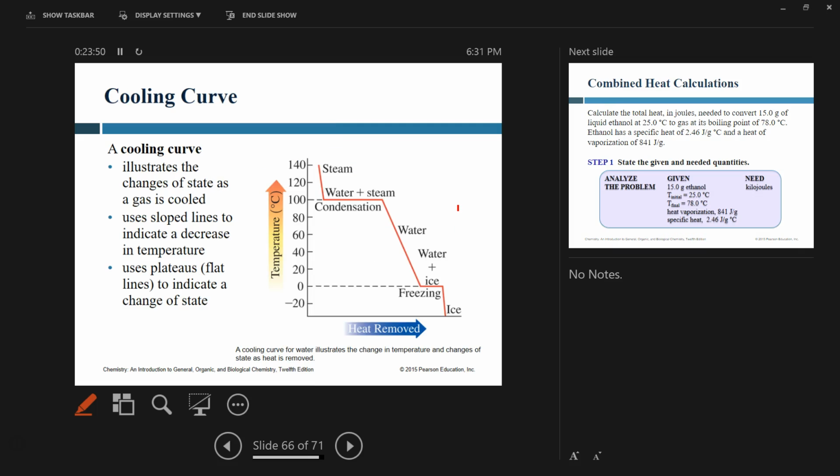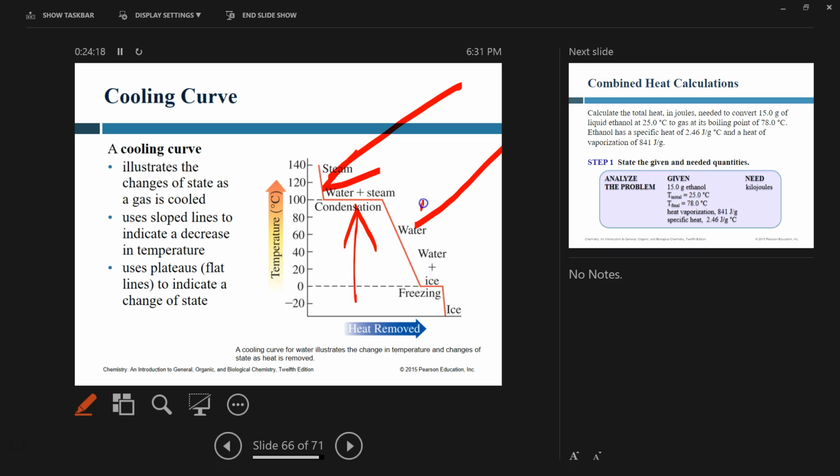Same idea is with the cooling curve. Okay? So with the cooling curve, here's what you see. You have steam, you cool it down. As steam cools down until it reaches 100 degrees Celsius, does it change its state? When it reaches 100 degrees Celsius, what happens to it? It condenses into liquid, into water.